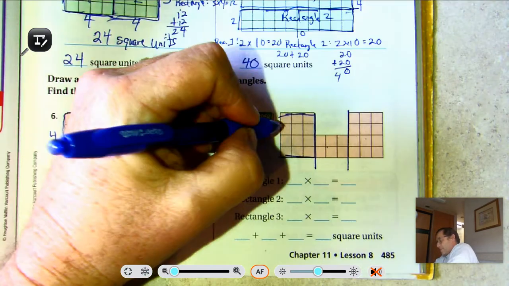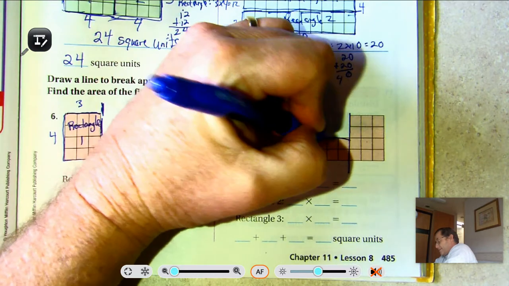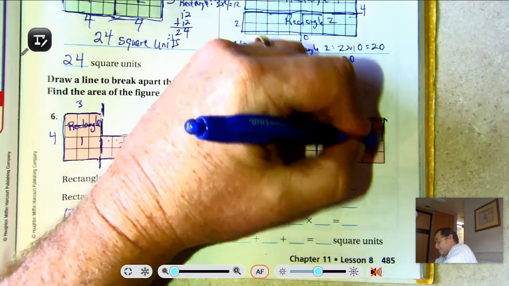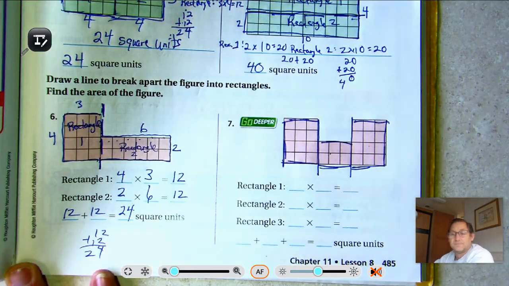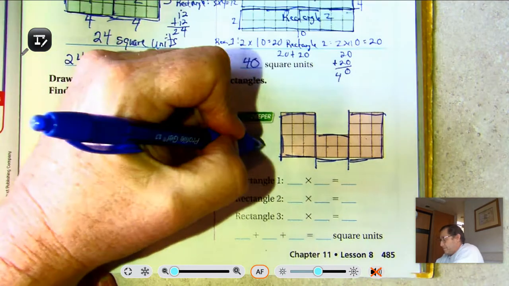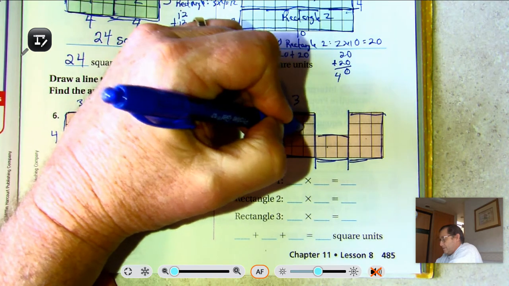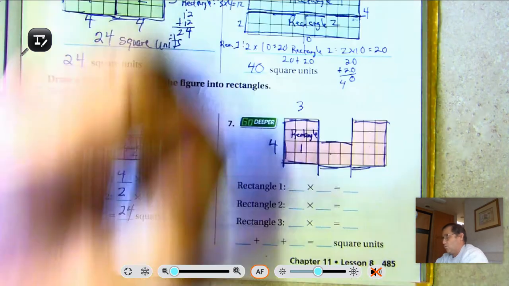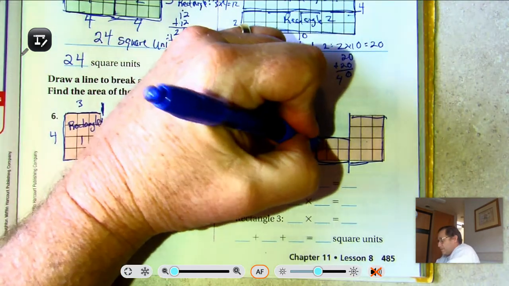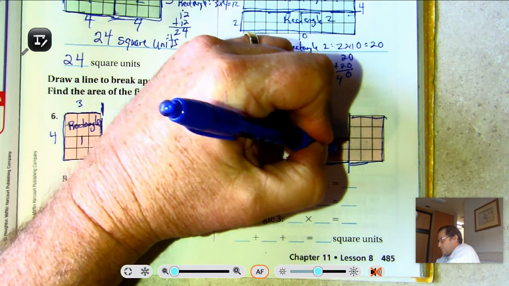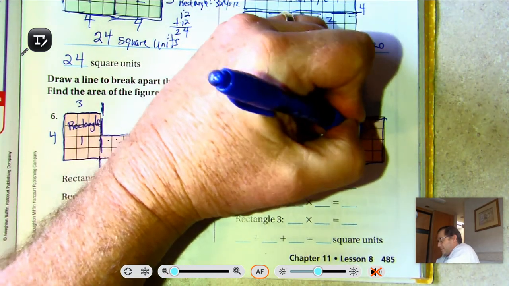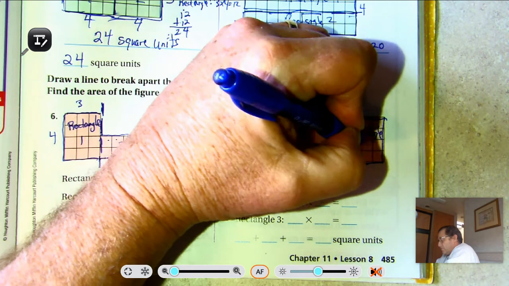So 3 rectangles. So we have 4 rows of 3. I'm going to call this one rectangle 1. I'm going to call this one rectangle 2. And the last one rectangle 3.